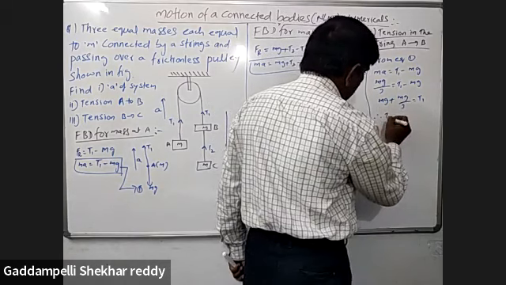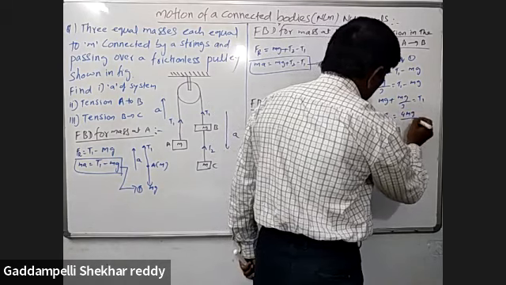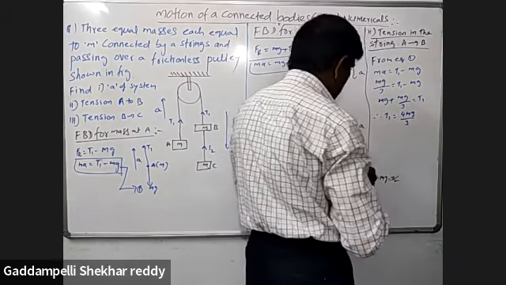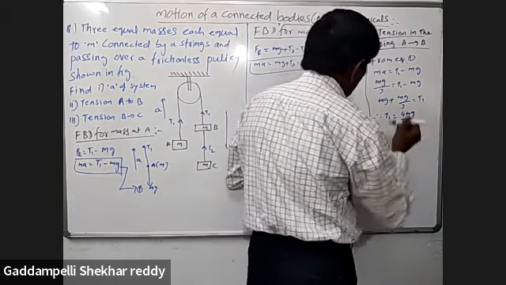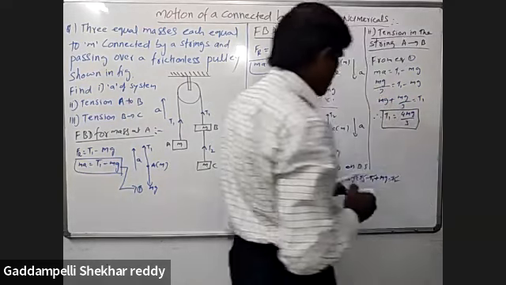Therefore T1 is equal to 4 mg by 3. So this is the tension A to B.